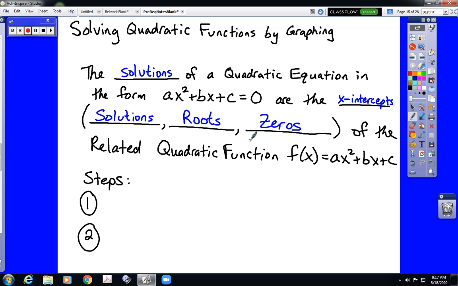If it asks you to find the x-intercepts, the solutions, the roots, or the zeros, it's asking you to do the same thing. It's asking you to discover where the graph of that function crosses the x-axis.